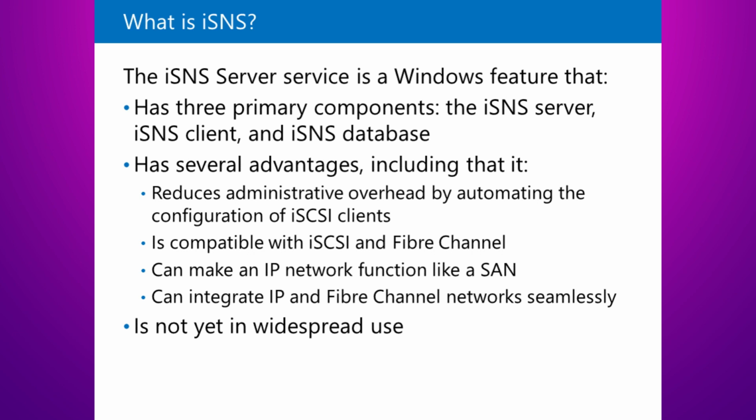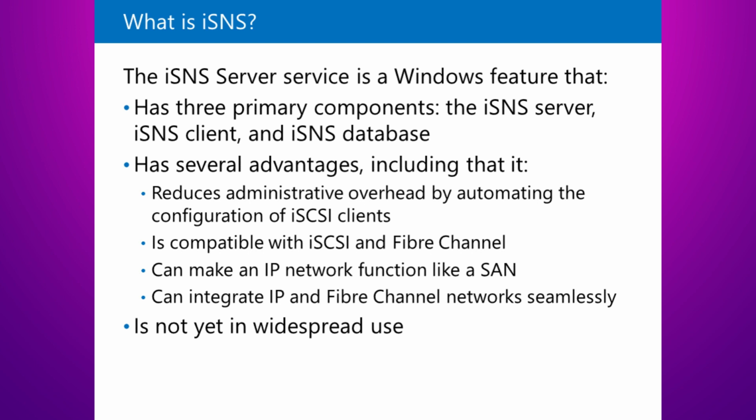iSNS servers and iSNS clients use the iSNS protocol to interact with one another. Clients can use iSNS to discover iSCSI storage devices automatically, and you can use iSNS to configure and manage iSCSI storage devices. iSNS also facilitates the same operations for Fibre Channel devices by using an Internet Fibre Channel Protocol gateway.